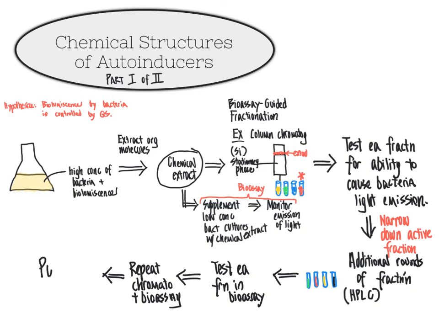So ultimately we would generate a pure compound, or in some cases there are multiple compounds that are biologically active in quorum sensing, and so I'm going to put that as pure compounds, possibly plural.